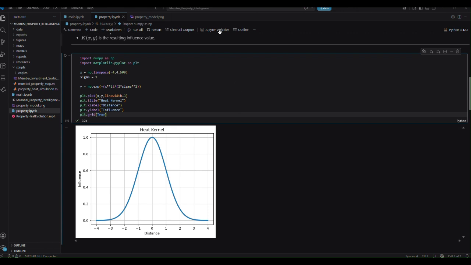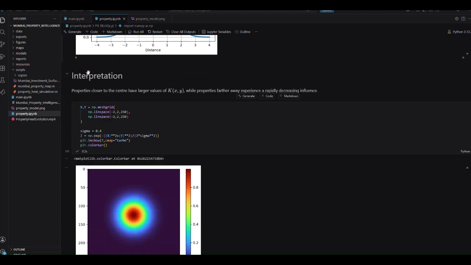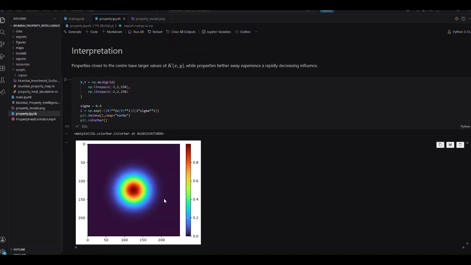Let's move another step forward now, and we start to look at this heat map. In fact, here we've created another visual for the heat kernel. Properties close to the center have larger values of K. So imagine this were a map of Mumbai, and here this red hotspot represents some particular point, say Bandra, or maybe Santa Cruz.